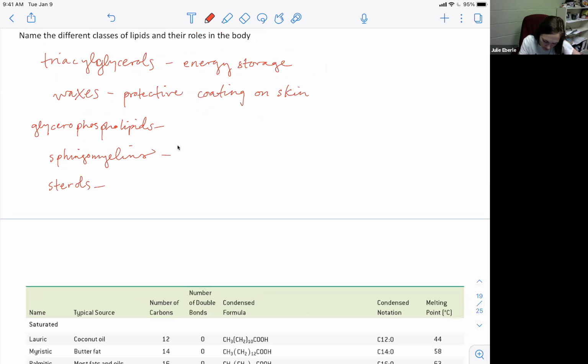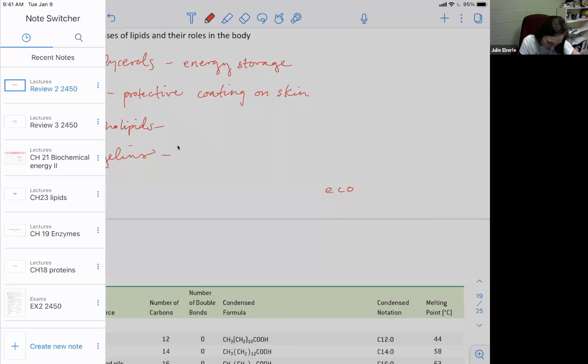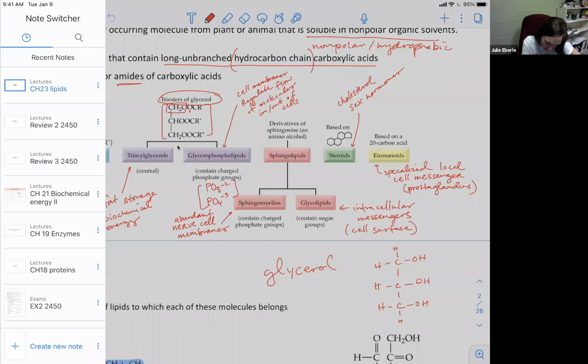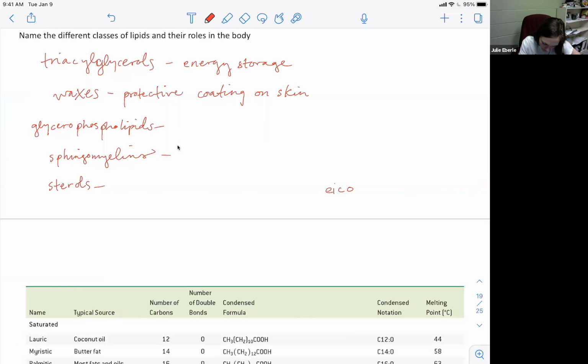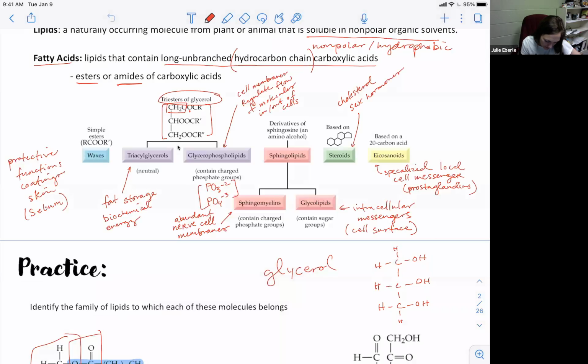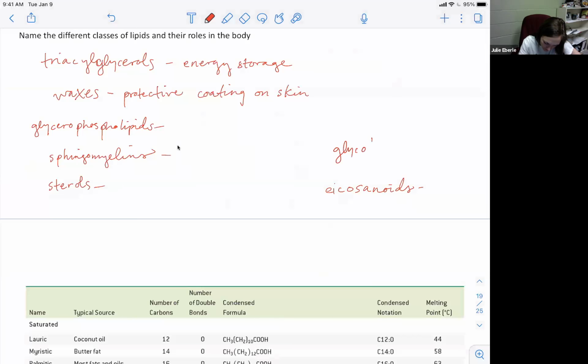We had eicosanoids, and this word, I'll never spell it right. And glycolipids. And these are the 7 classes, and we briefly wrote a statement about their purpose in the body.